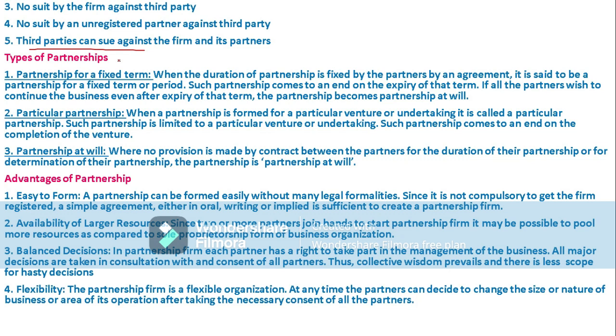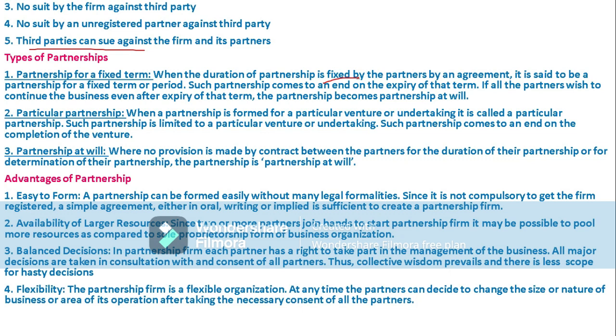So if we see the types of partnerships, there is partnership for a fixed term, particular partnership, and partnership at will, okay. Partnership for a fixed term means the duration of the partnership is fixed. When the term is fixed by the partners through an agreement or contract, it is said to be a partnership for a fixed period of time.